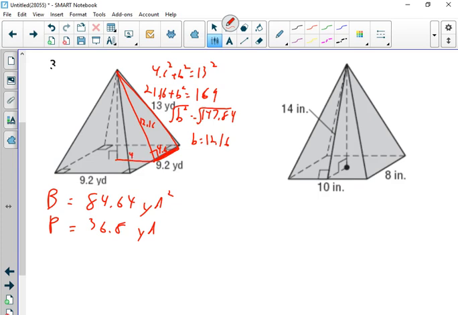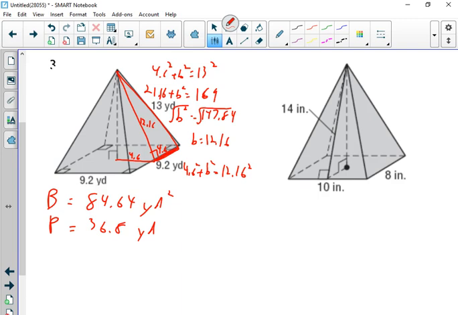Now again, we know this is 4.6. It's half the width. And now we're going to do it all over again with 4.6 and 12.16. So it's going to be 4.6 squared, which we already know, plus b squared equals 12.16 squared. So it's the same problem, just with 12.16 instead of 13.